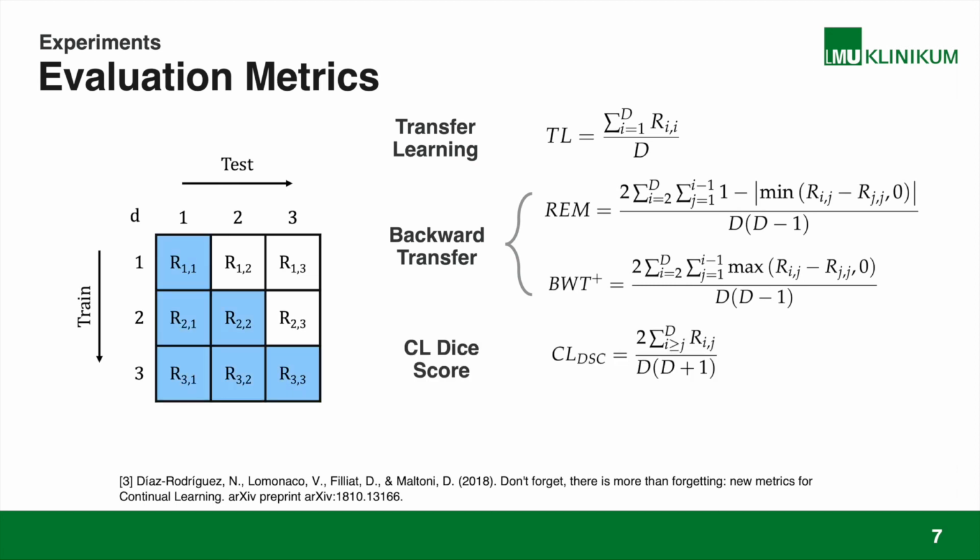The continual learning dice score combines the transfer learning and backward learning abilities of the network and is the most generic metric to evaluate continual learning. This metric is calculated as the average of the entries of the diagonal and below the diagonal of R. Finally, forward transfer is the average performance of the network on unseen domains, so that means the entries above the diagonal. This metric is an essential indicator of the network's ability to generalize well on unseen data.